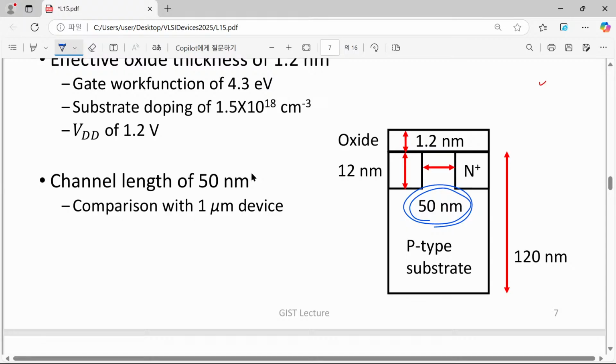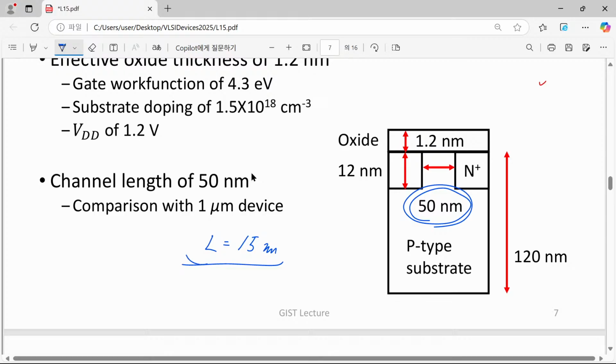If we make a 50 nanometer device with state-of-the-art technology, then already 50 nanometer is quite a long channel, because the actual minimum length scale nowadays is about 15 nanometer or slightly shorter.